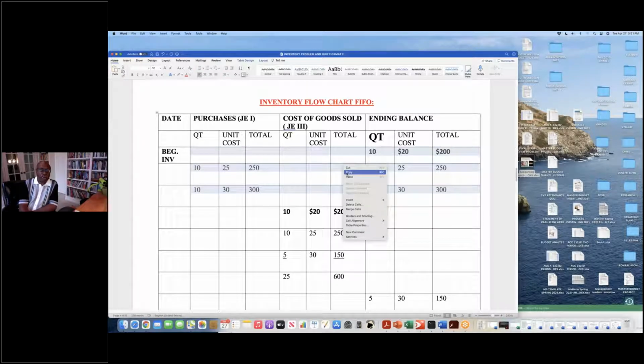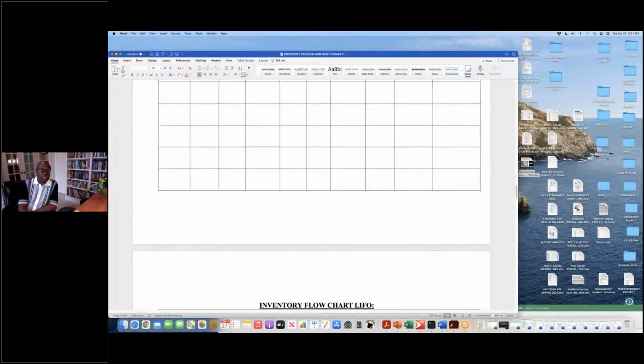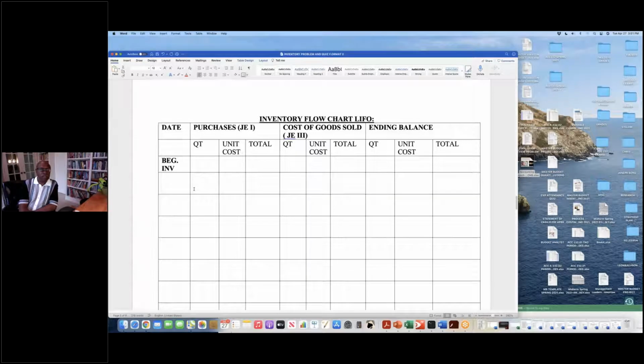So we can copy it, and we can take it to the Lifo inventory chart. Okay. So the original amount, and then the two purchases.